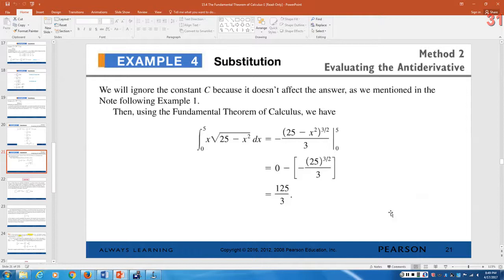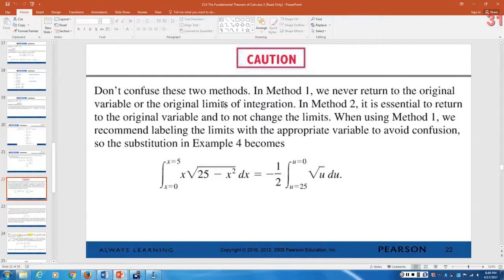And it winds up being, as we said, 125 over 3, which is 41 2/3. And it says, don't confuse the two methods, because what you're doing in the second method is you're actually going ahead and putting in what U would be. And I left it in the PowerPoint because some people like to do it that way, but I don't do it that way. I do the U substitution and then do the numerical conversion at the end.